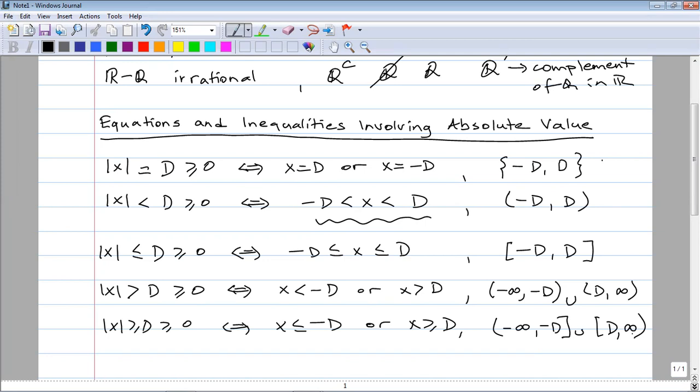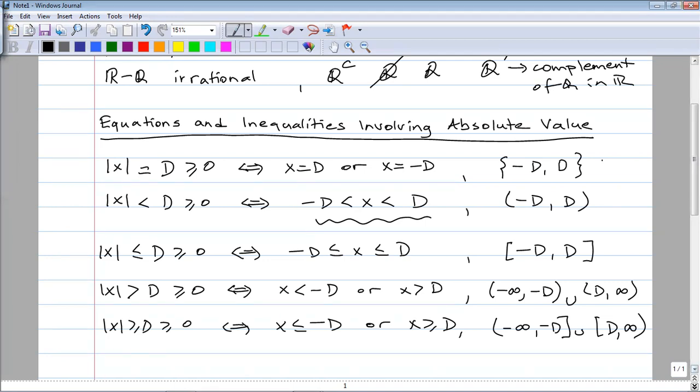Instead of x, you may have x minus a or some other expression in all of these inequalities. Then in the corresponding equivalent statement, you replace x with that expression, whatever it is.